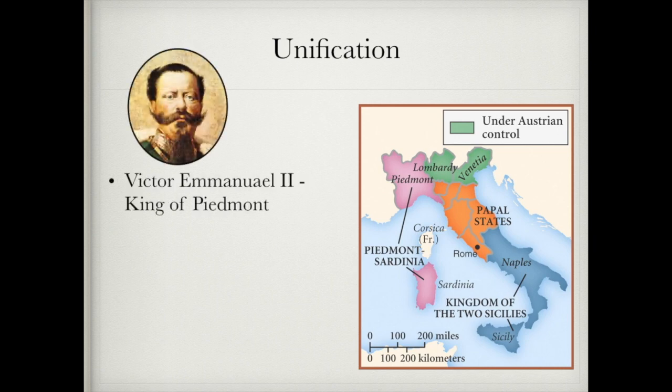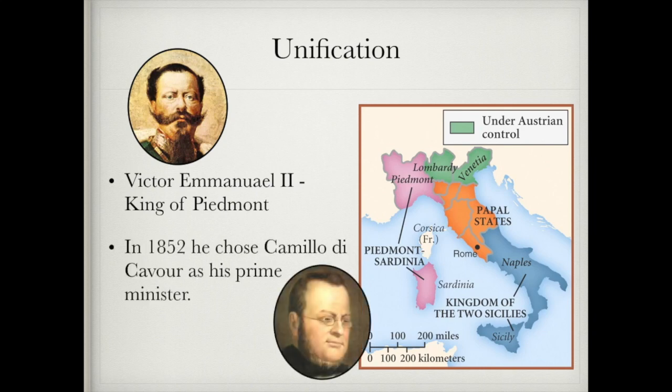The first figure we're going to look at is Victor Emmanuel II. He is the king of Piedmont as well as Sardinia. And what he really wants to do is unite and unify all the Italian states together, all the different kingdoms on the Italian peninsula under his control. In 1852, he's going to choose Camillo di Cavour as his prime minister.